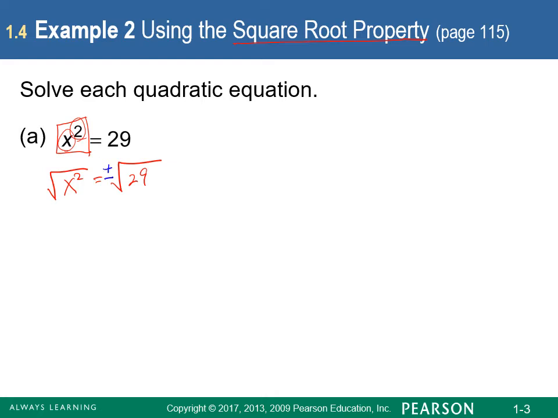That's a rule. I think I explain why in the future, but not right now. The left-hand side, the square root of x squared, is just an x. Square root of 29 does not simplify. So our answer is x equals positive square root of 29, x equals negative square root of 29. Notice, again, two different answers.